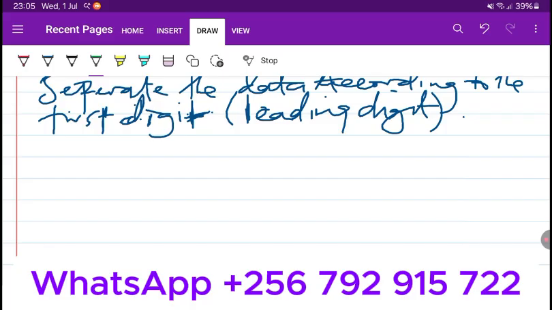For a 0, we only have one individual observation, so it will be 02.